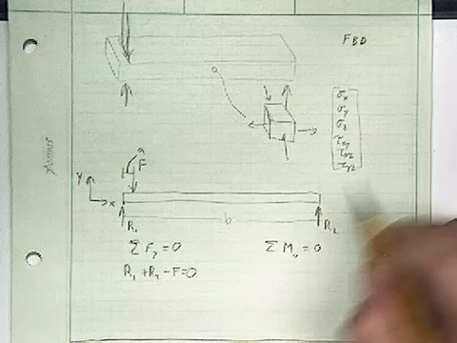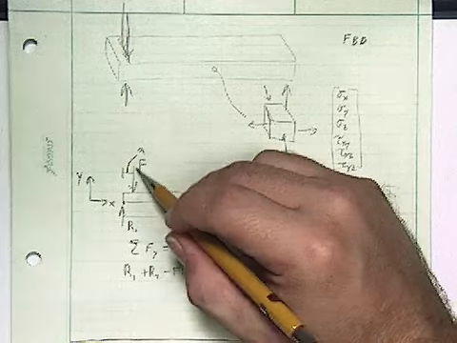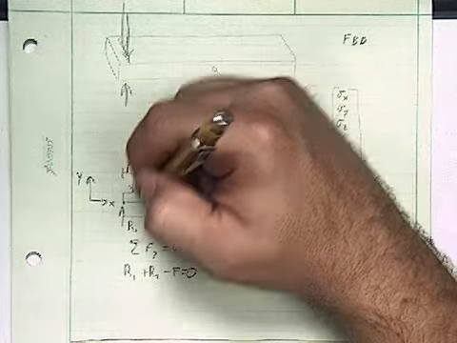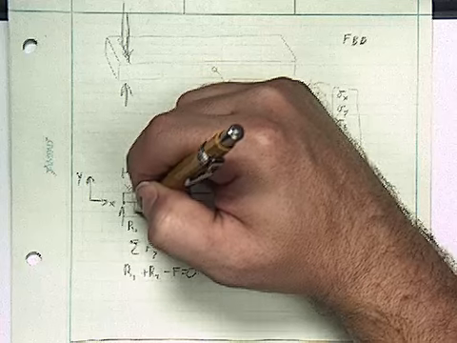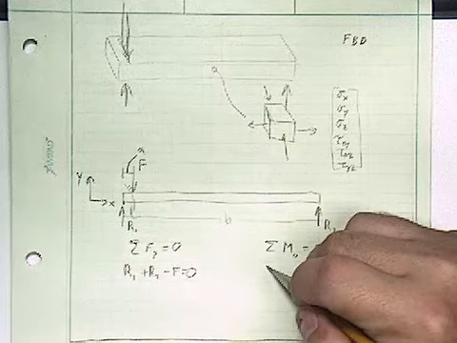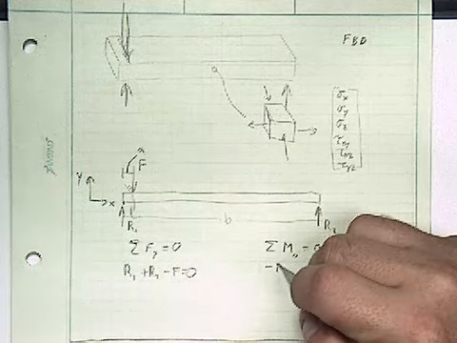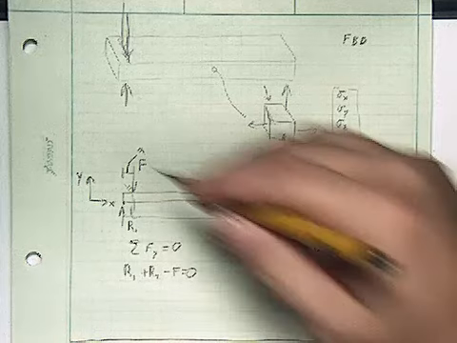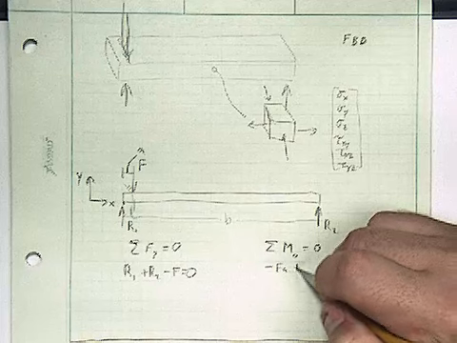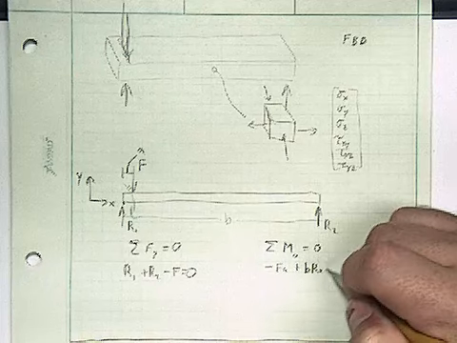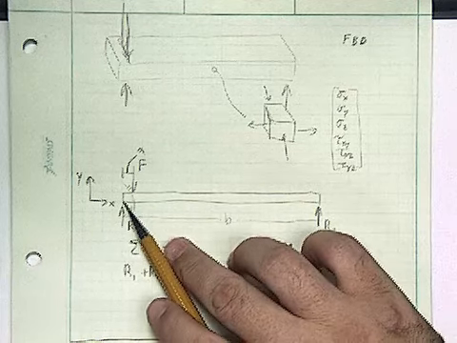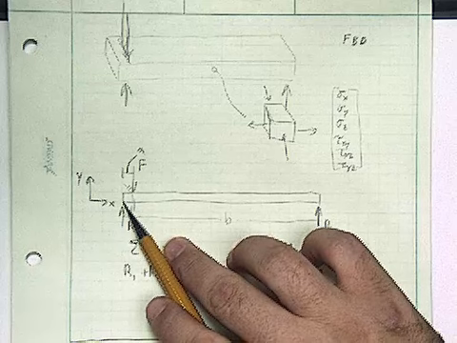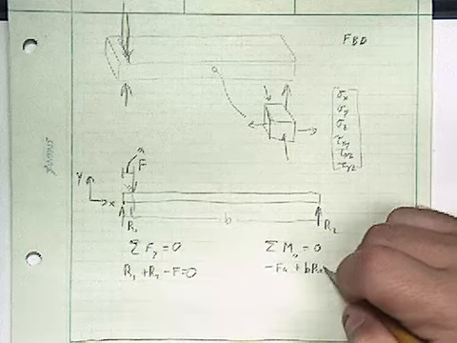So now I could say F times A is trying to rotate the beam in a clockwise direction. So I'll call that negative for now, minus FA. And then R2 is trying to rotate the beam counterclockwise. I'll say that's positive, plus B R2. R1 doesn't matter because the distance from where we're considering is equal to 0. So this is equal to 0.